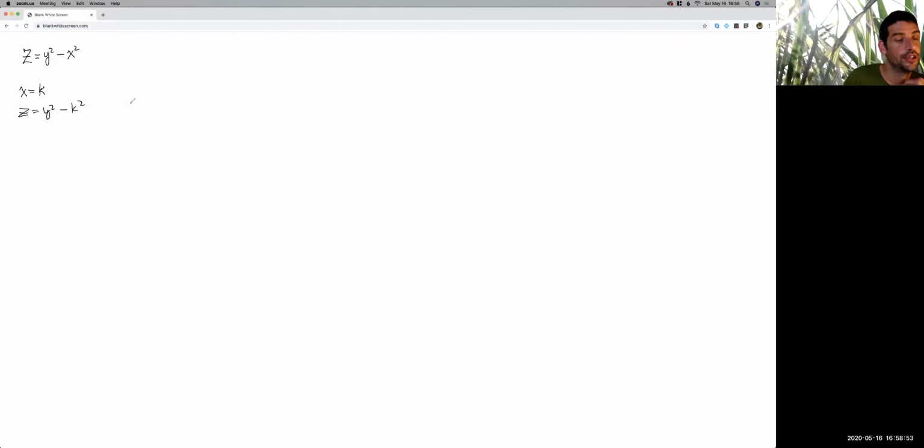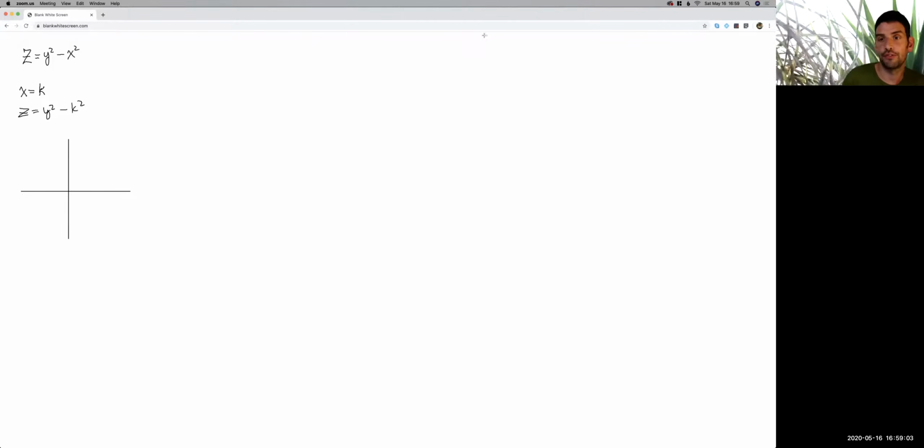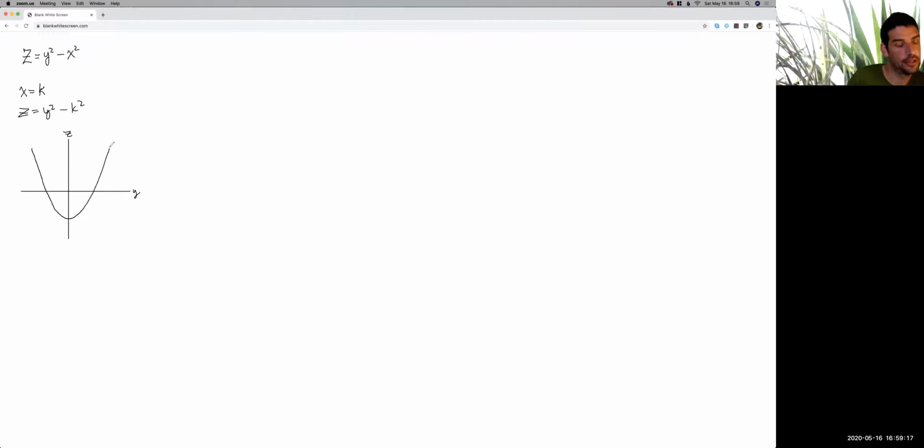So the graph of this should just be, right? If we were graphing the y-axis and the z-axis, if we pretended this was just a two-dimensional problem and k was just some constant, this is just going to be a parabola, right?